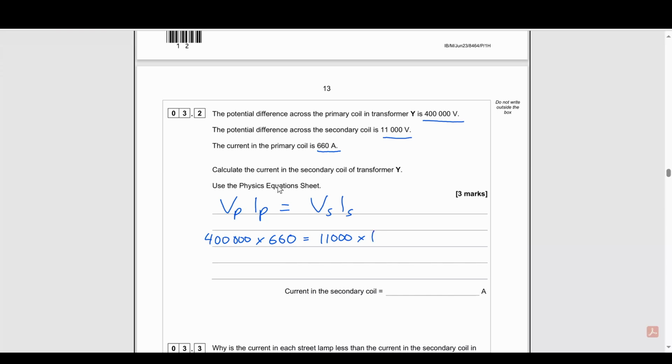And we need to multiply that by current in the secondary coil, which we don't know. So rearranging the equation now to find current in the secondary coil, it will just be 400,000 multiplied by 660 divided by 11,000. Putting that into a calculator, we come out with a value of 24,000 amps.